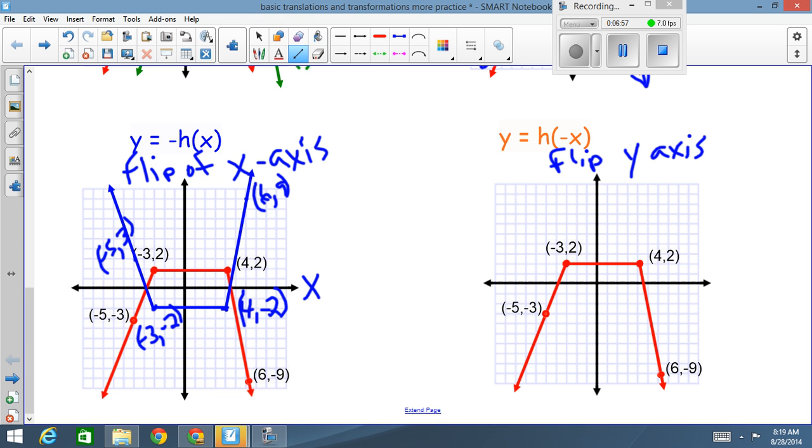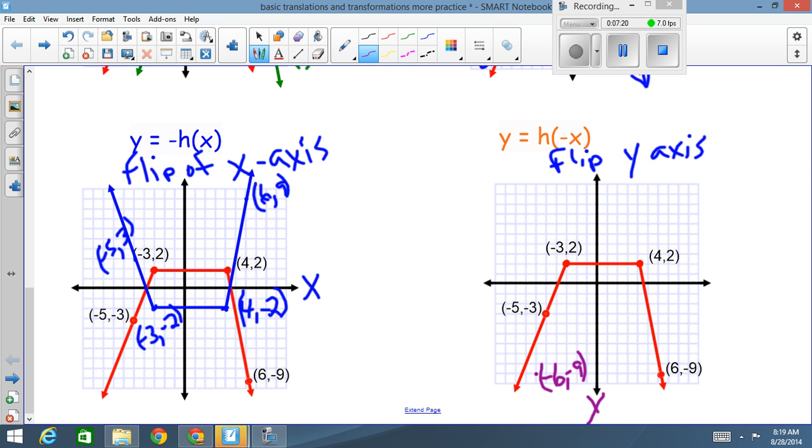Same thing over here with the y's. The only thing different is that now when we flip our points, we're flipping over the y-axis. So all of our x values are going to change to the other side. So for instance, 6, negative 9 is going to become negative 6, negative 9.